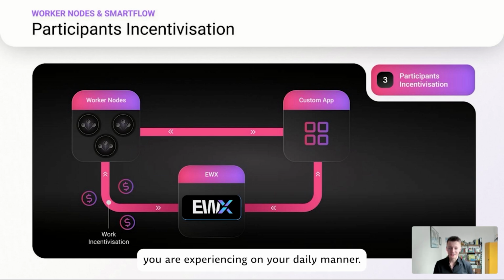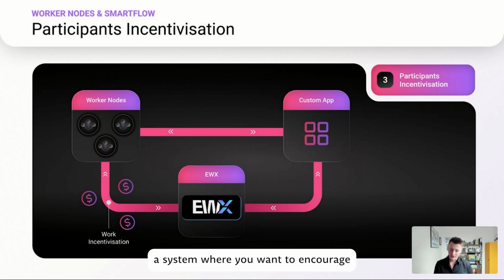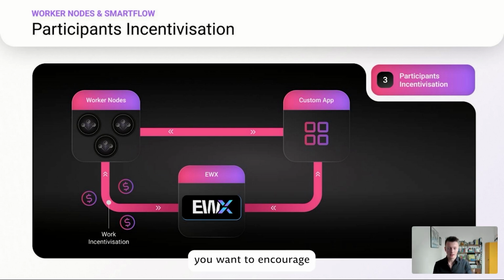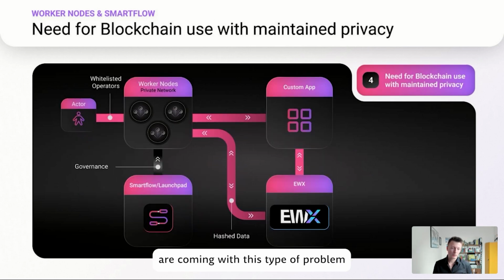Basically, if you have a system where you want to achieve a high degree of decentralization, you want to encourage public participants from random locations all around the world that are aligned with your governance needs, then you need to be able to easily provide them some kind of incentives, like monetary rewards. So again, the EnergyWebX ecosystem and the worker nodes come with this type of problem resolution.